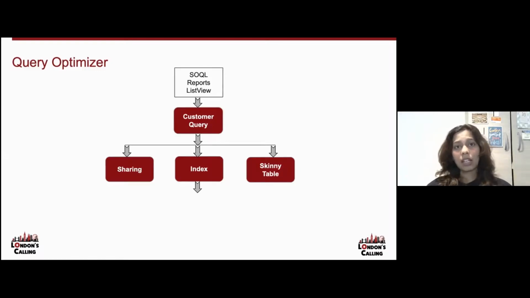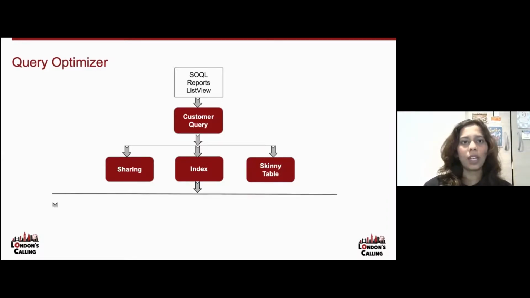Then, if we are making any query or running a report or a list view, it looks for indexing, whether we are using any indexed fields. I'm going to talk about indexing and skinny tables in a while. So it checks for indexing, and then it checks whether there is any skinny table which exists for this particular object or for the query done on that object.